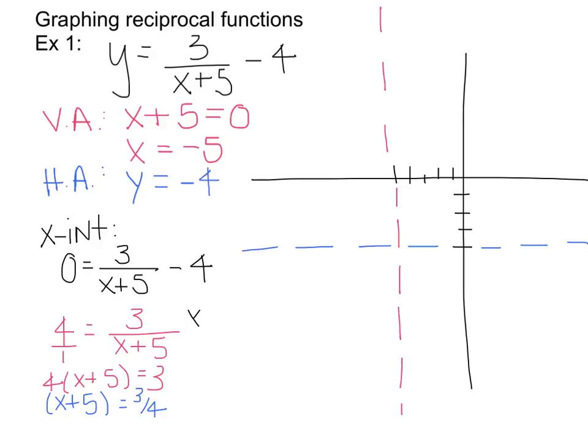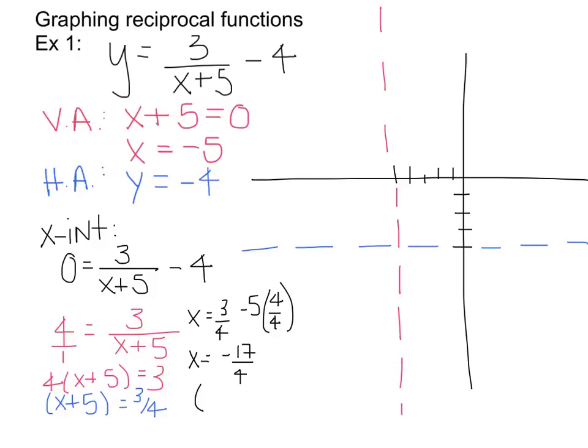So we have x equals 3/4 minus 5. We have to multiply the 5 by 4 over 4, so that way they have the same denominators. So negative 5 times 4 gives me negative 20. And 3 minus 20 gives me x equals negative 17/4.